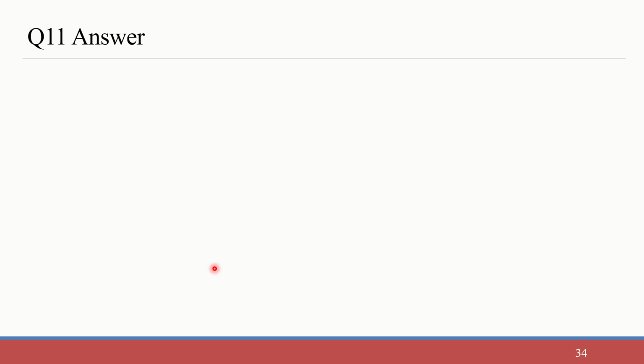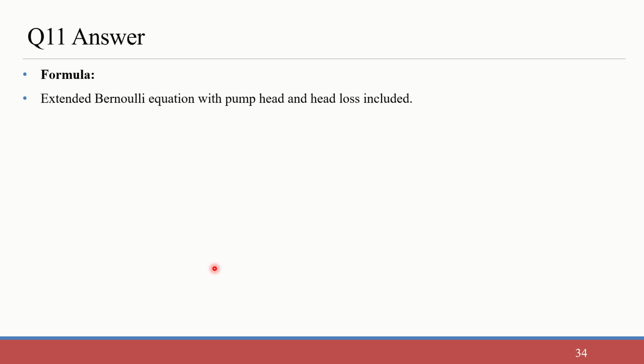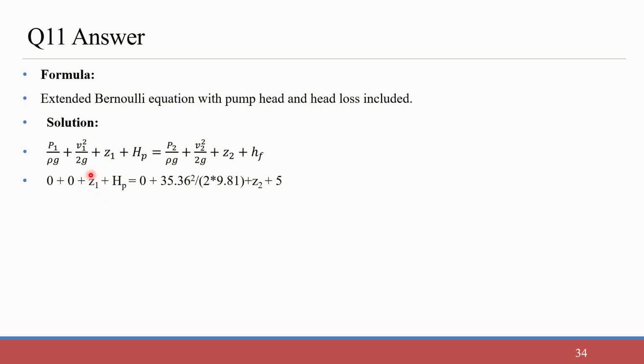Now it becomes correct. Previously we should have taken it at the bottom, but we didn't do that. So the formula is the extended Bernoulli equation with pump head. Now we are substituting everything, and Z2 minus Z1 is now 2 meters and HP is 63.73 plus 5 plus 2. Now it becomes 70.73 meters. So this one is the right approach.